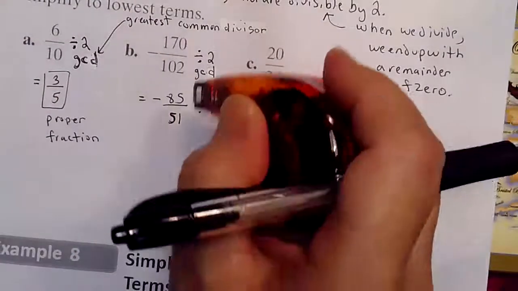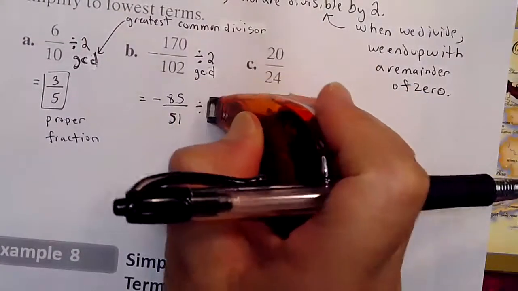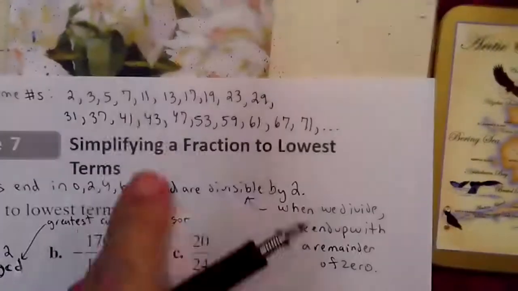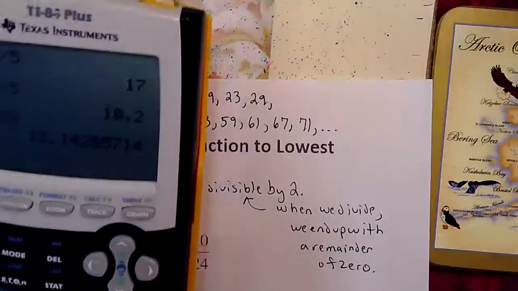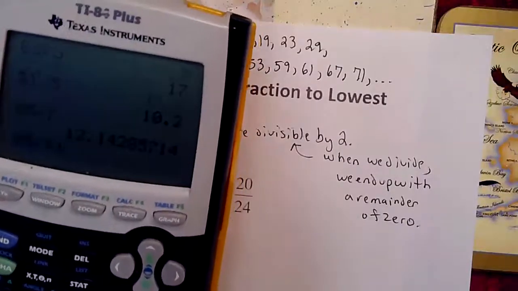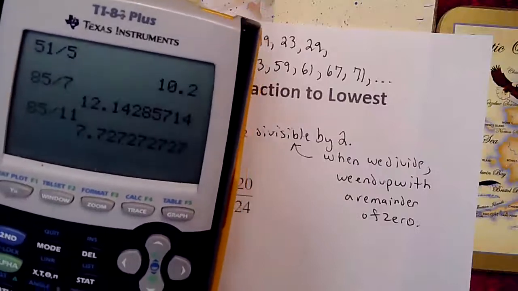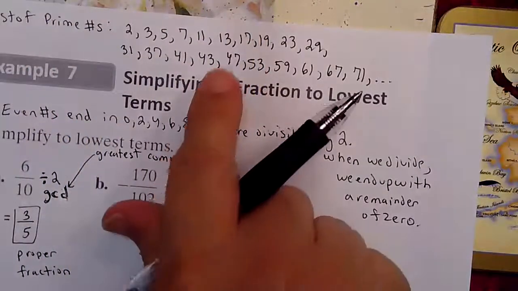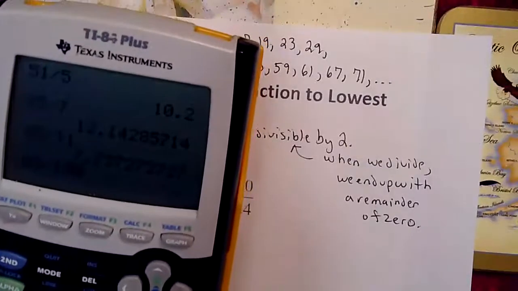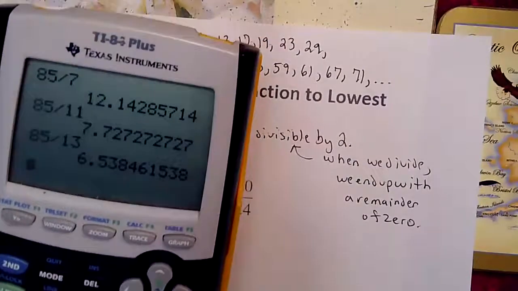It has to go into both the numerator and denominator. So after 7, let's try 11. 85 divided by 11 is not good. I get a decimal. Okay, let's try 13. 85 divided by 13. Nope. I get a decimal.